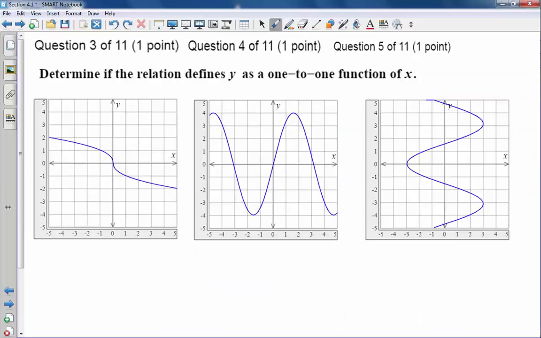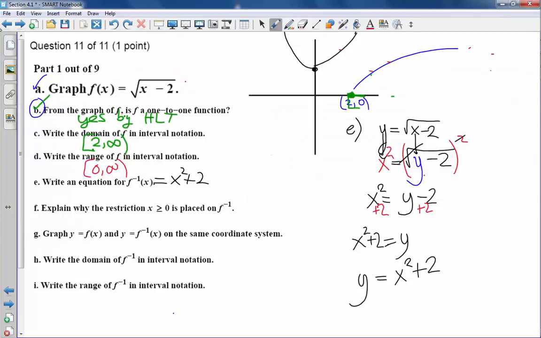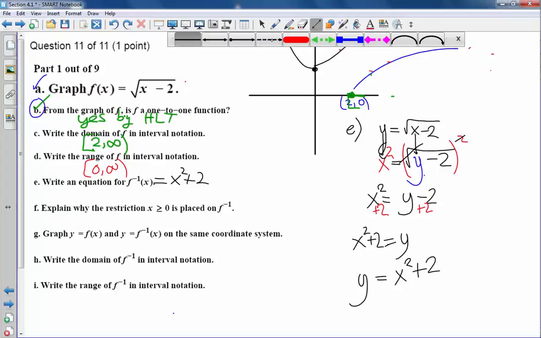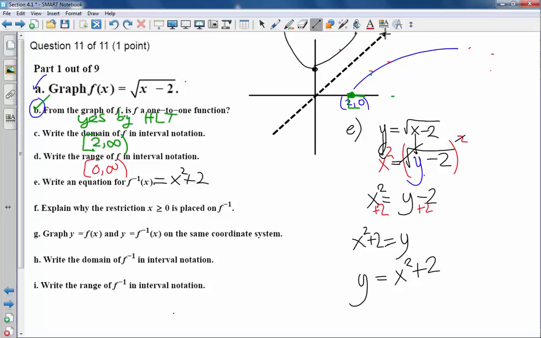Where am I? We did all this, right? If I put that line, y equal x, here we go. Here's y equal x. Symmetry of this curve is this thing.